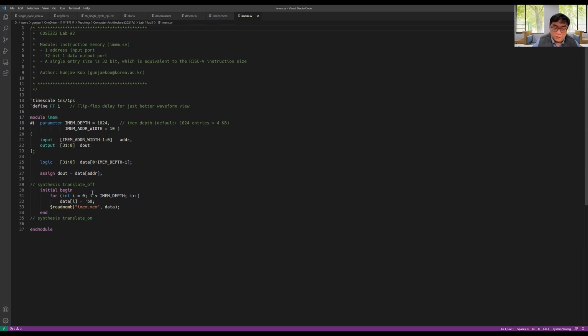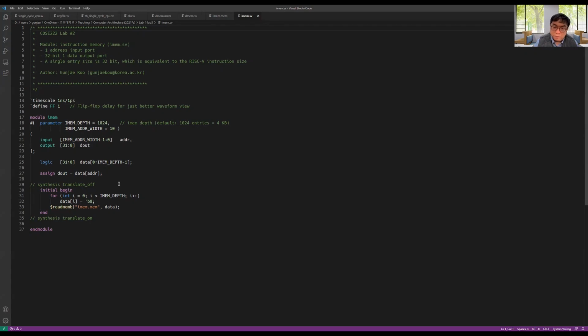Okay, this is the instruction memory code. Actually in lab number 2, you don't need to initialize the data inside of this instruction memory. But for this lab number 3, you need to verify your design with real RISC-V instructions. That means that the instructions should be stored in the instruction memory.